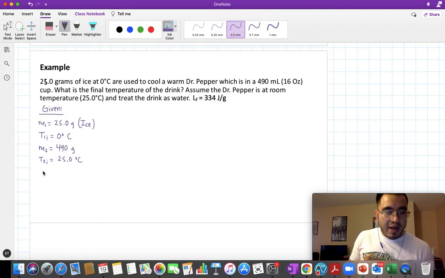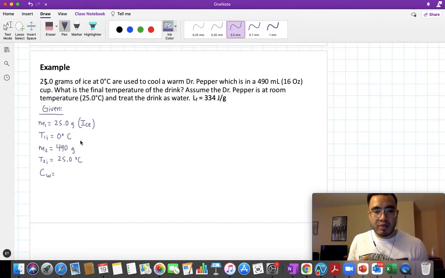And then I'm going to write the specific heat first. Specific heat of water. Now, I'm not going to add the W here. Well, I mean, just for the given, yes, but for the equation, no. Because it's the same for both, because ice is frozen water, and we're treating the Dr. Pepper as liquid water.